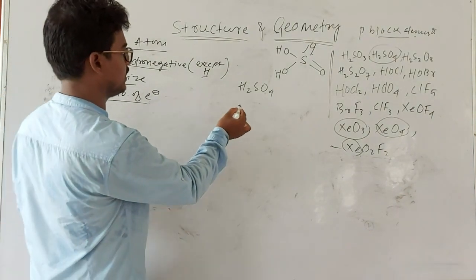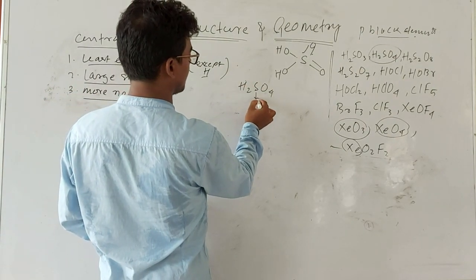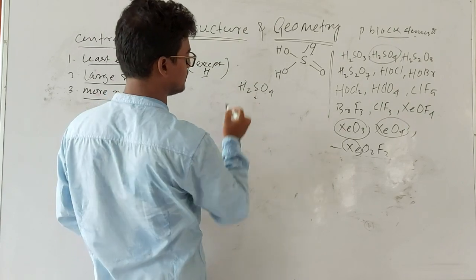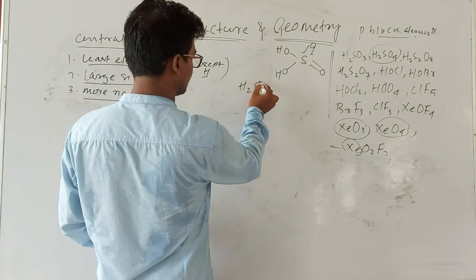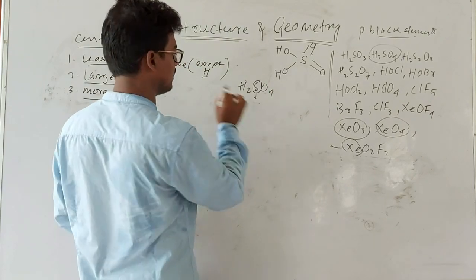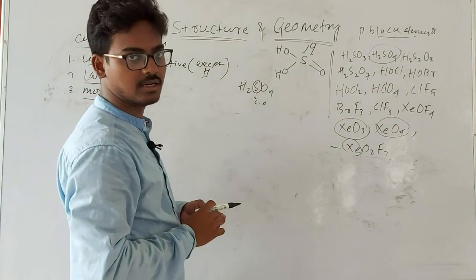So here, except hydrogen, we have sulfur and oxygen. Between sulfur and oxygen, sulfur is the least electronegative, and oxygen is more electronegative. Also sulfur is larger in size than oxygen, therefore we will choose sulfur as the central atom.